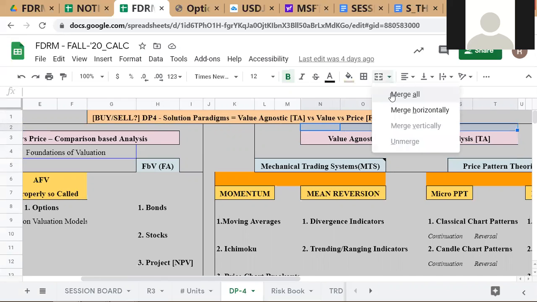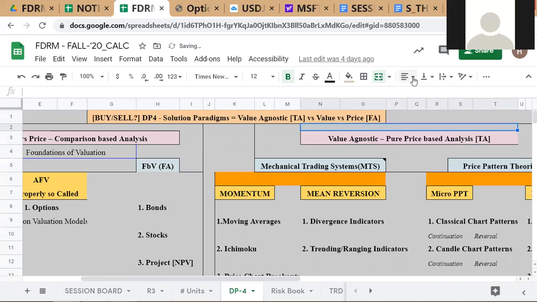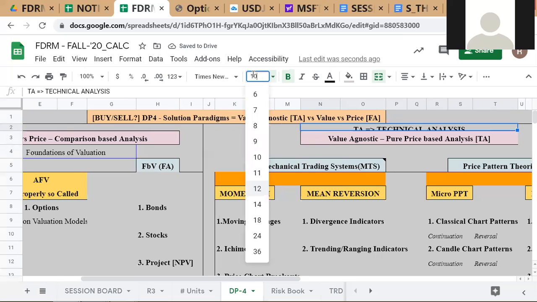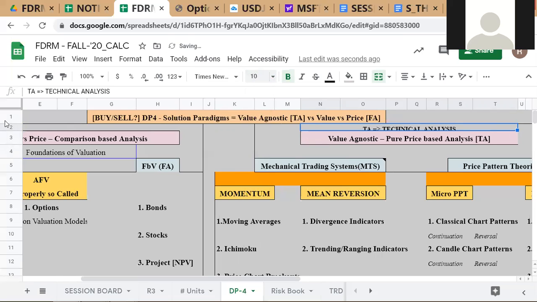This, we can merge this, centralize this, and say that TA is technical analysis. We spent very little time covering TA, except for ideas, it's very small actually.